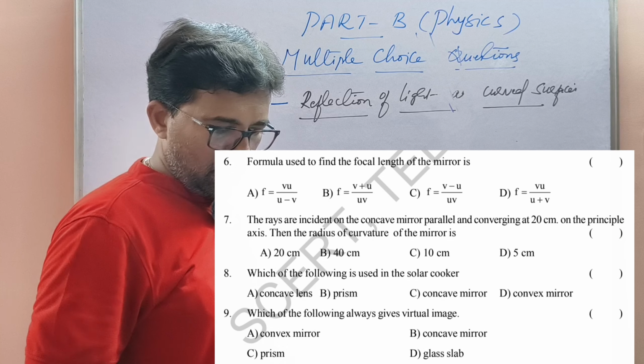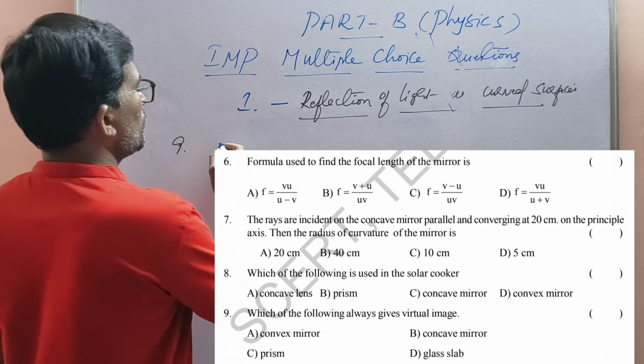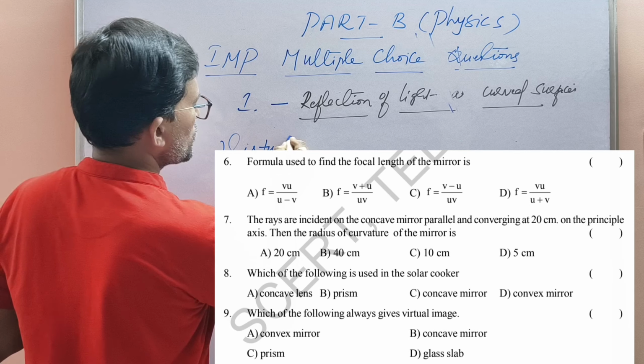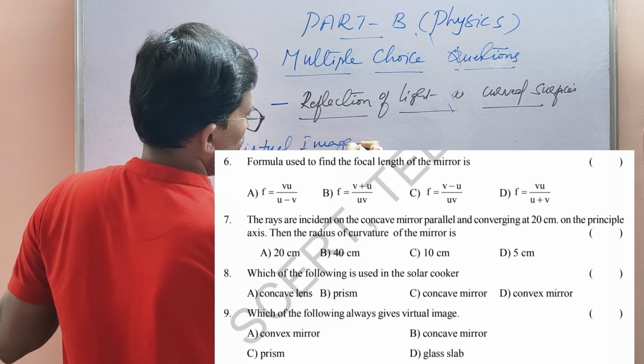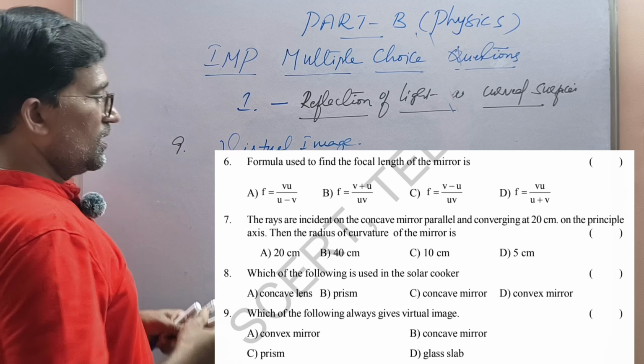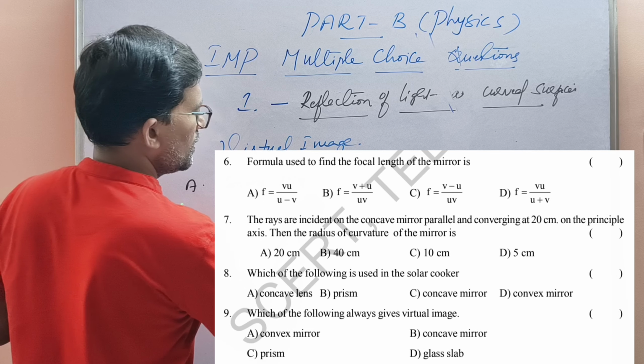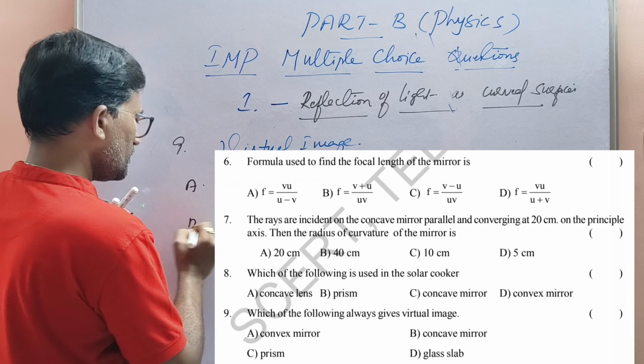Which of the following always gives a virtual image? Which of the following will always form a virtual image? The first option is convex mirror.